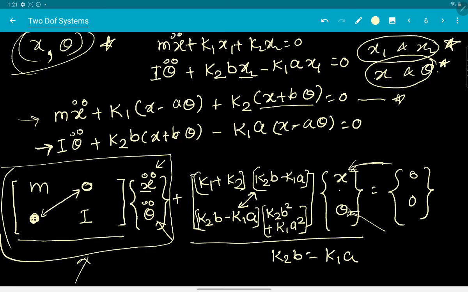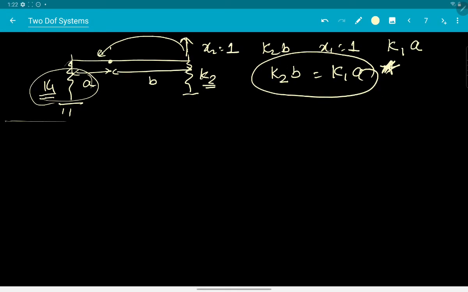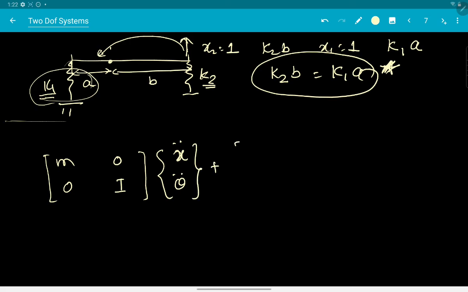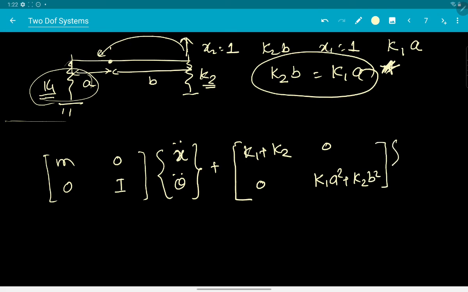Okay, and you will get something like this: m0 0, and this will be I, it's x double dot theta double dot, and then you will get k1 plus k2 0 0, and you have k1a square plus k2b square into x theta equal to 0 0.